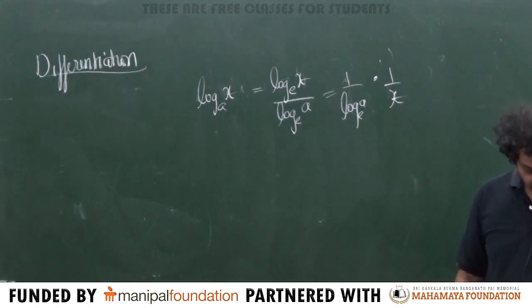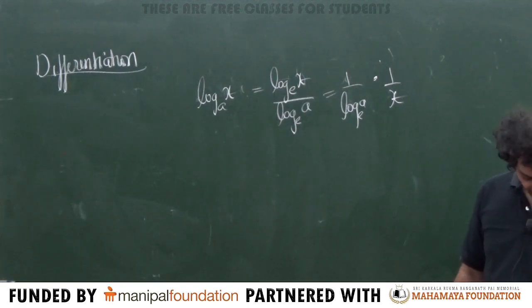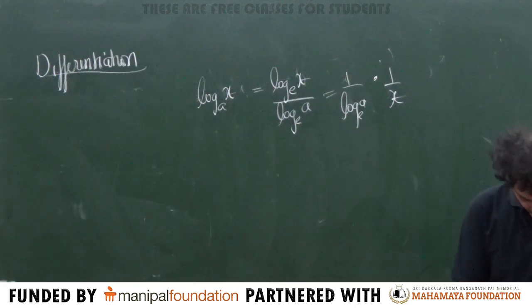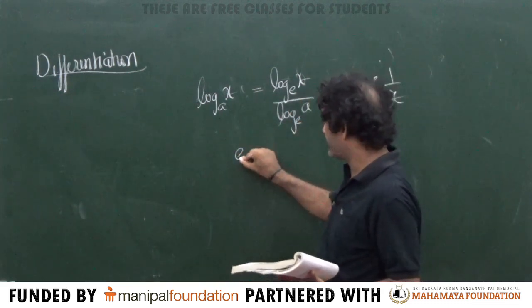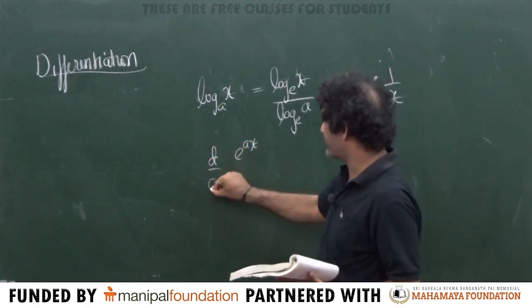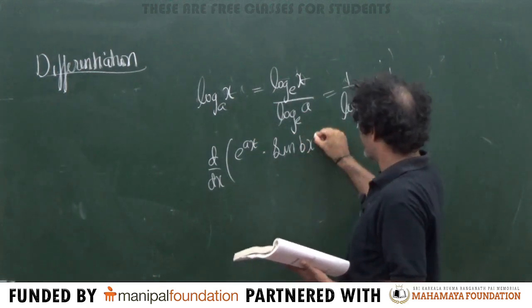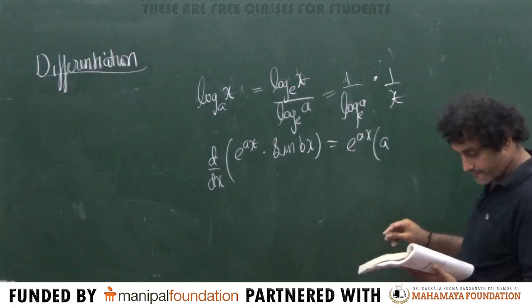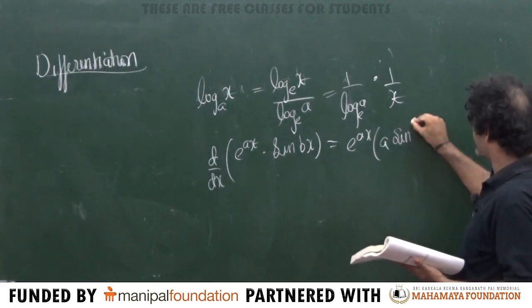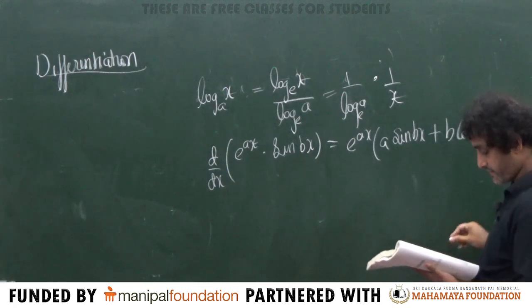We have a new formula. You please write down, okay? It's like a shortcut for you. Differentiation of e power ax into sin bx. One formula is simple: e power ax into a sin bx plus b cos bx.